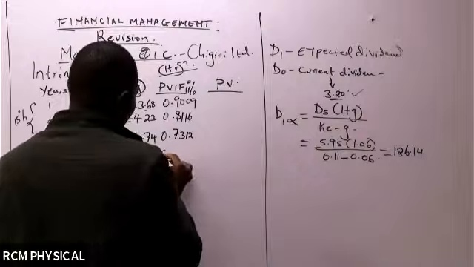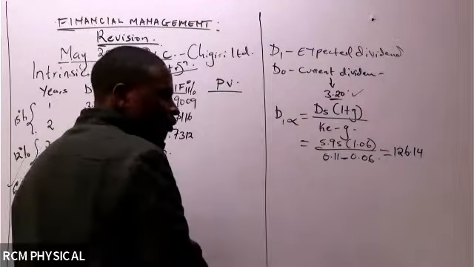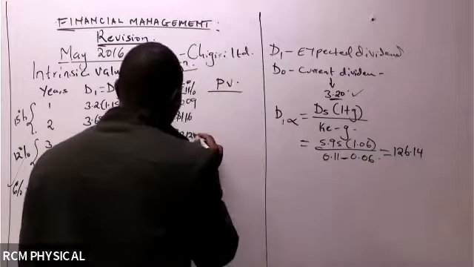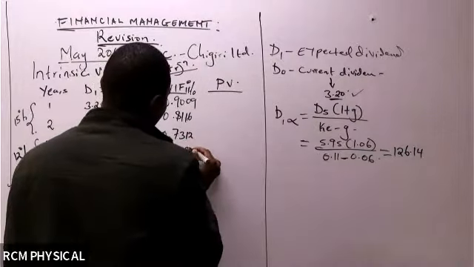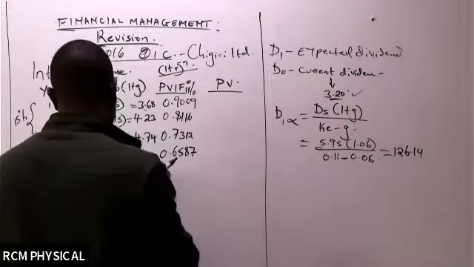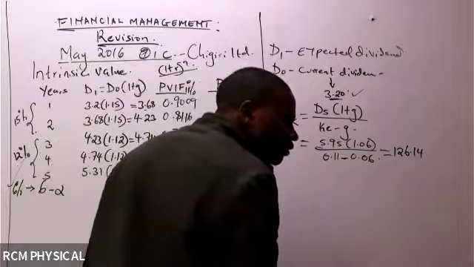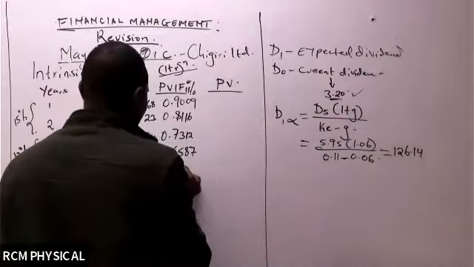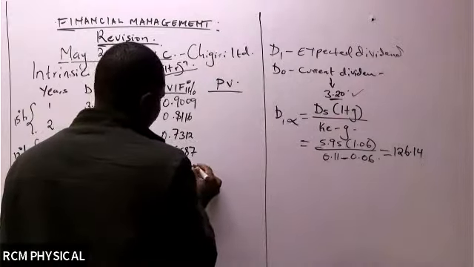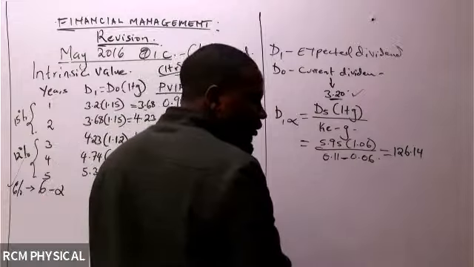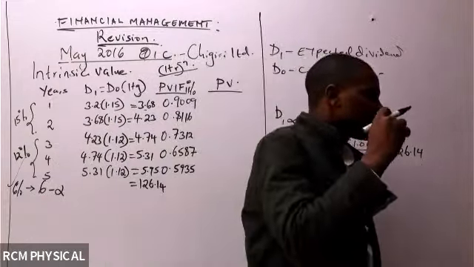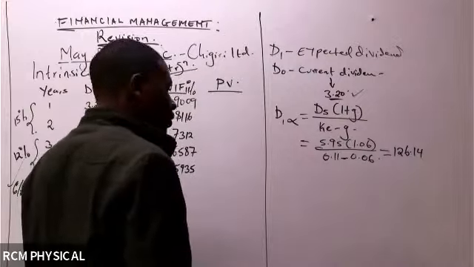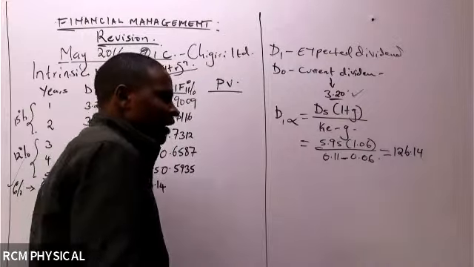The fourth one, 0.6587. The fifth one, 0.5935. Now I want somebody to guide me on how I get the sixth one, the last one, also for infinite. How do I get the sixth one?